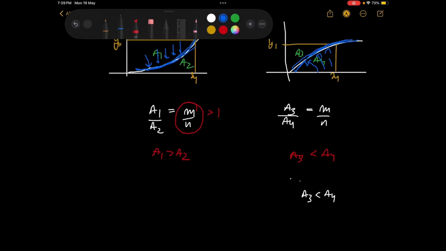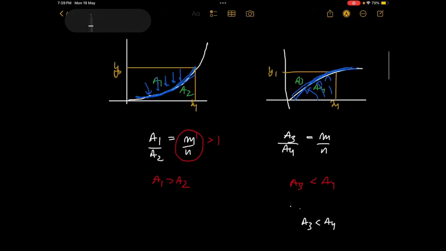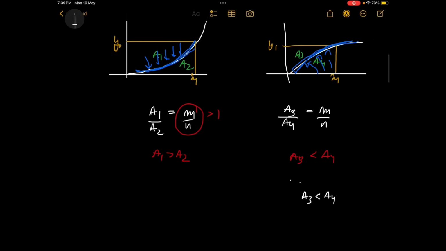Now, what exactly is A1 in terms of x1 and y1? We can say that A1 is simply m over m plus n times the area of the rectangle, that is xi, yi.